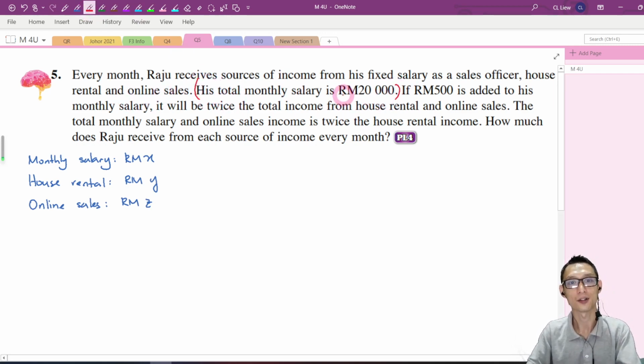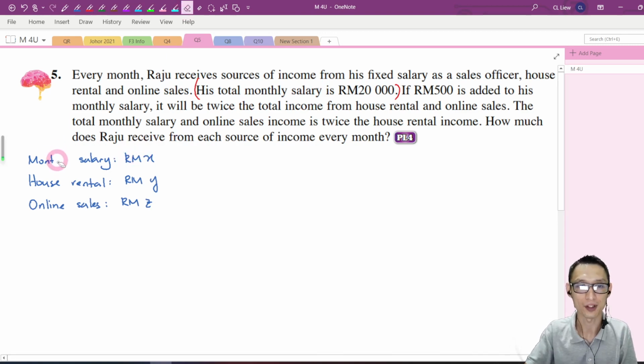Let's look at this sentence first. His total monthly salary is 20,000. Total monthly salary here is not for x. Maybe I don't want to write monthly salary, I worry that you will get confused, I just write salary.